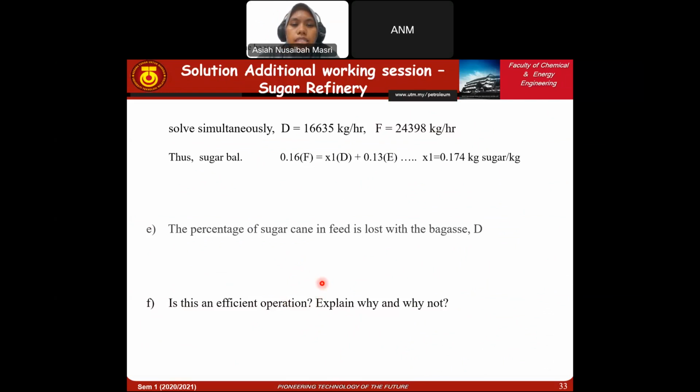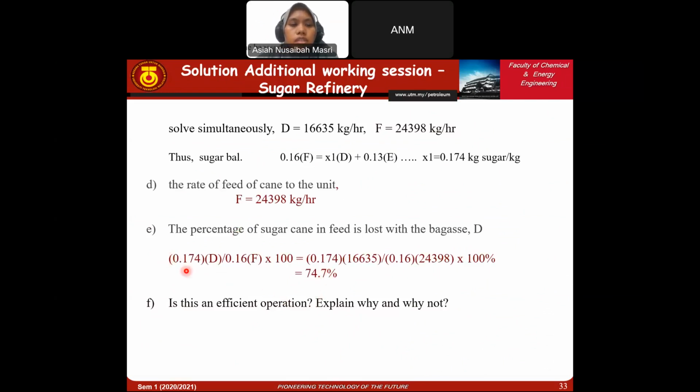When we calculate, the sugar there is 0.174 times D, over 0.16 times F. This is our input, this is our output. So how much sugar is in this bagasse, times 100%. When we solve this, we got 74.7%, which means in the bagasse stream there is 74.7% of the sugar from the feed, as compared to the feed. So this is how much sugar is lost. We throw it away, the bagasse, we throw it away.